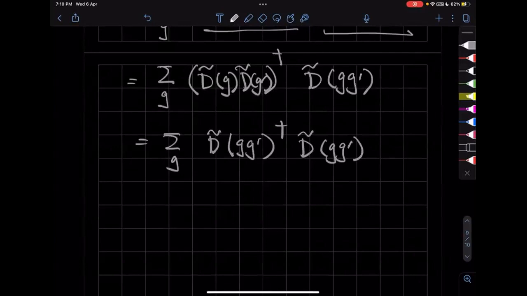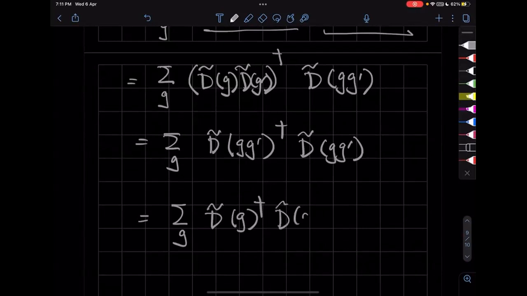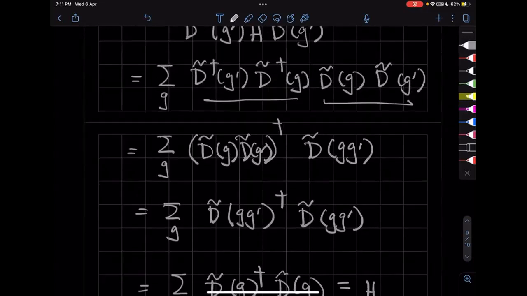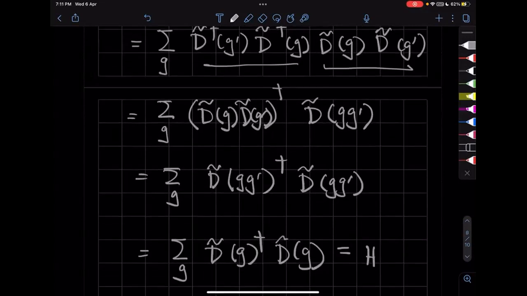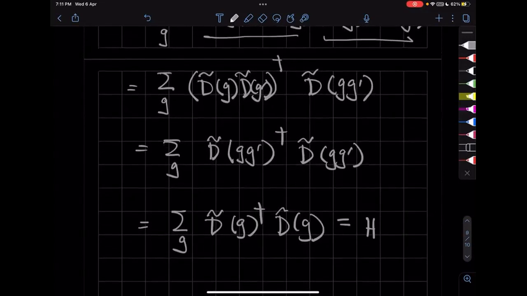And by the rearrangement lemma, we know that this is going to be the same as D tilde of G dagger D tilde of G, which is the same thing as H. So we see that H is invariant under this transformation, for an arbitrary G. Okay. Is this clear so far?